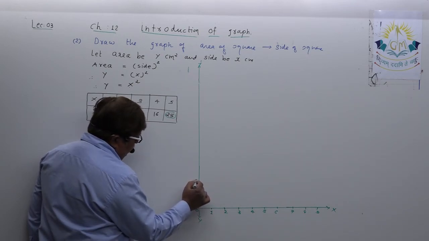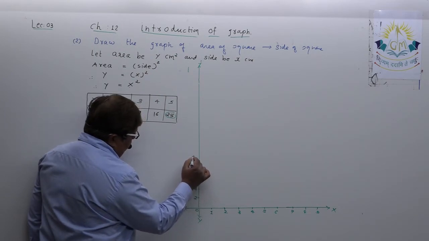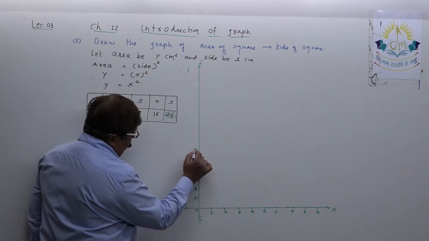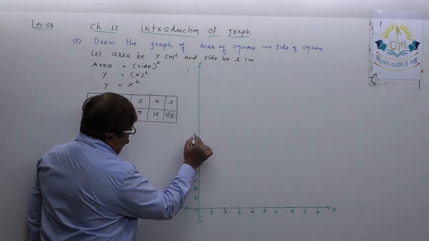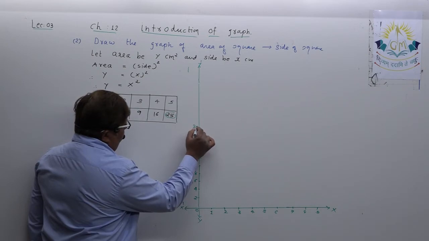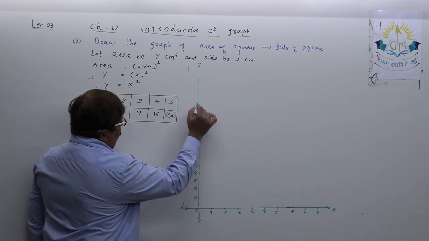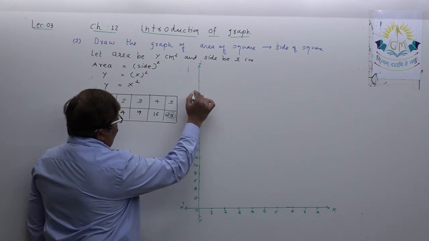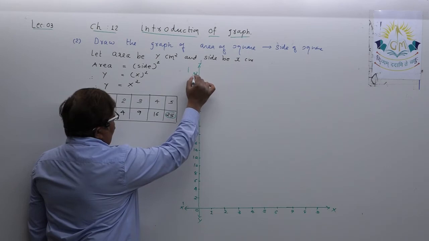Then 6, 8, 10, 12, 14, 16, 18, 20, 22, 24, 26, 28, 30, 32.